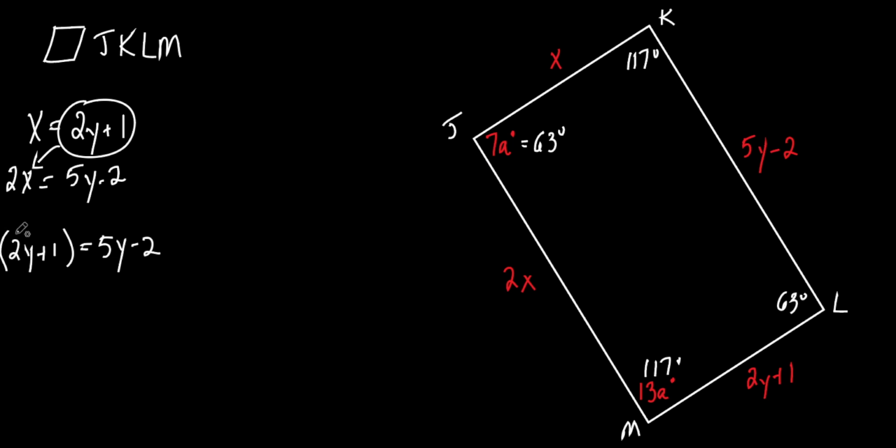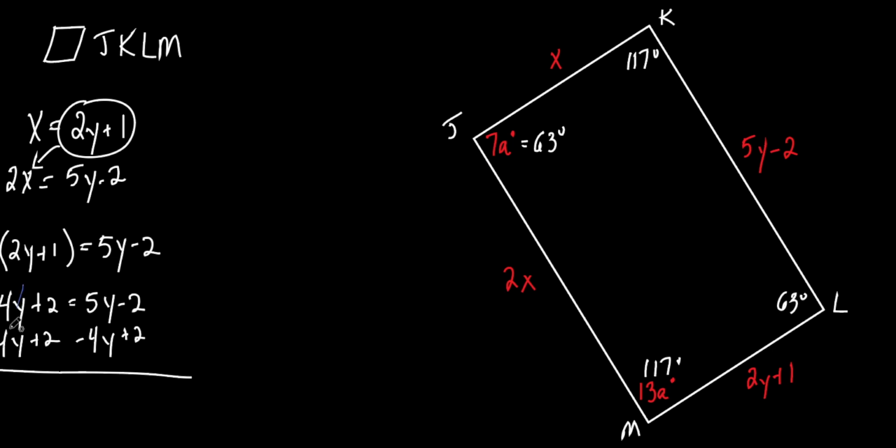Pretty basic. Just distribute the 2, so I get 4y plus 2 equals 5y minus 2. Let's put the y on the right-hand side just to make it positive. So I'm going to subtract 4y from both sides. And let's take this minus 2, put it over to the left side. I'm going to do that by adding a 2. All right, so that cancels.